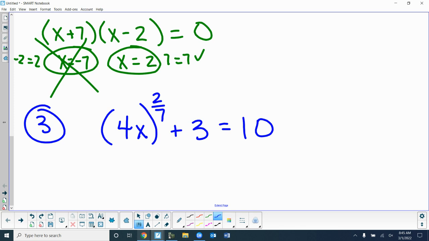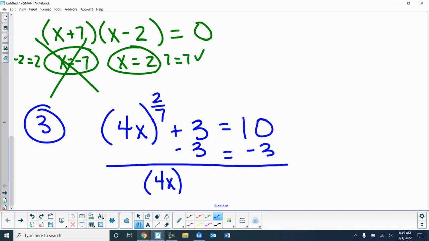So we've got that 3 on the left, we got to move. How do I move it? Subtract it. So that's the first step, is to move that 3 over. So all you have is this 4x raised to a power.